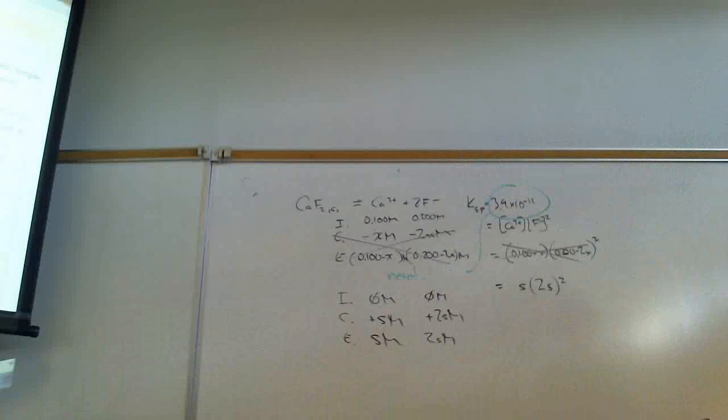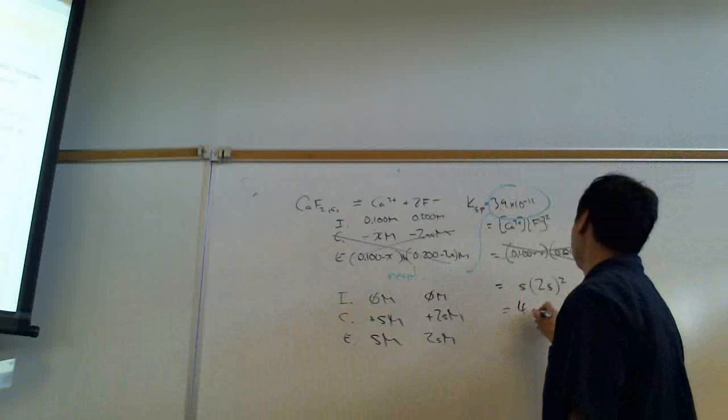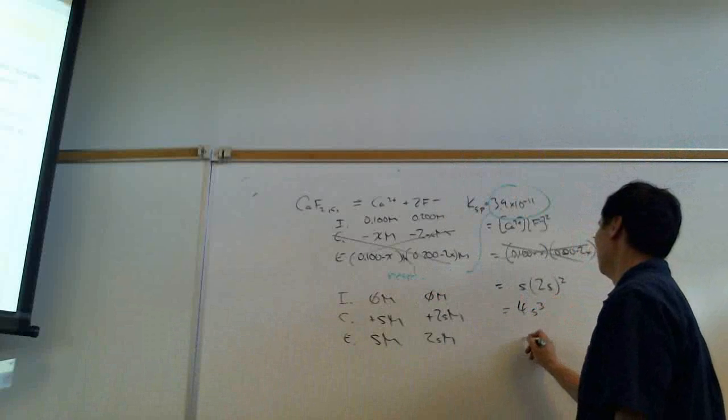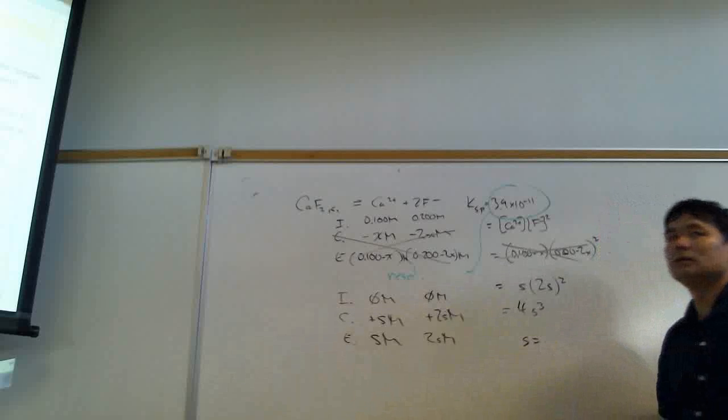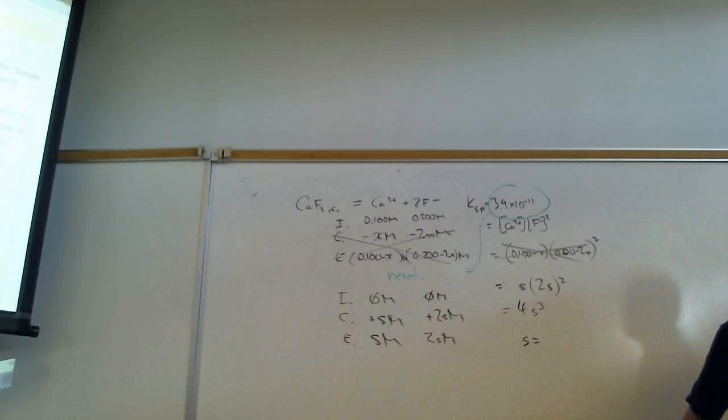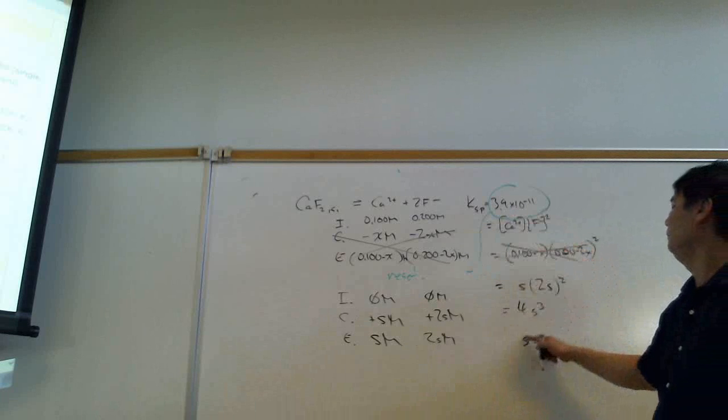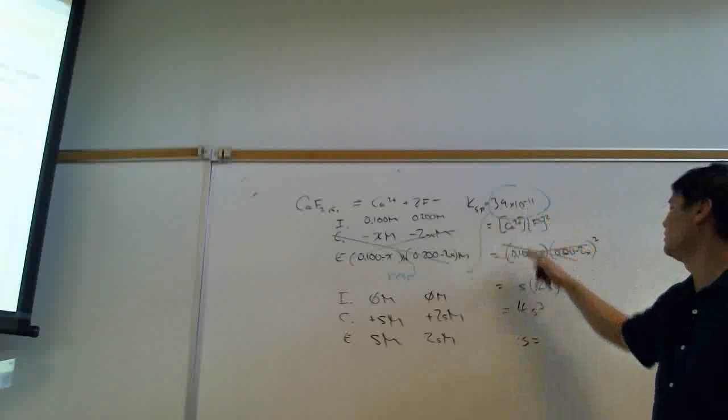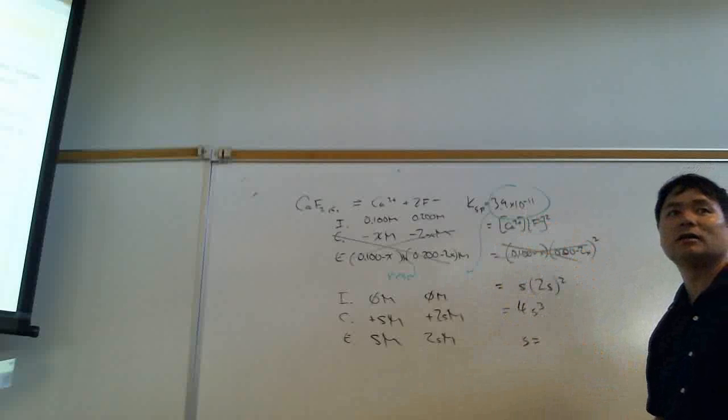Resetting. This is going to be 4S cubed, and S is equal to, actually, does somebody have a calculator? 3.9 times 10 to the minus 11 divided by 4. Take the cube root of that.